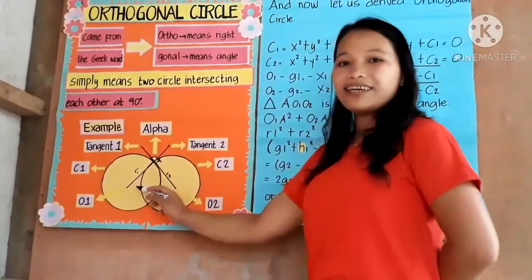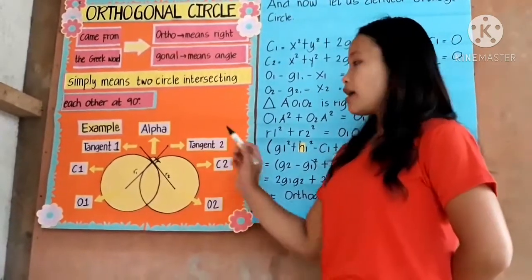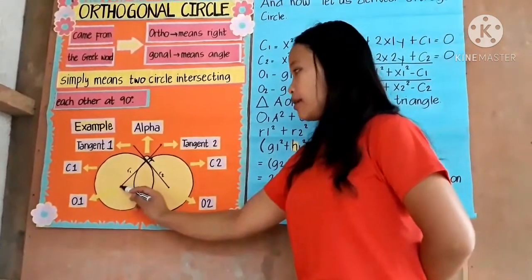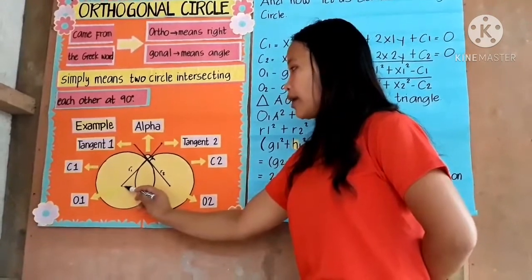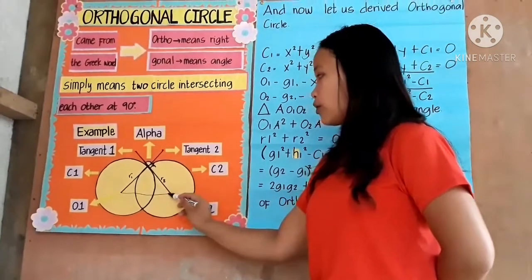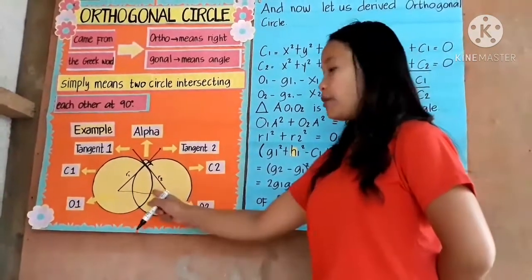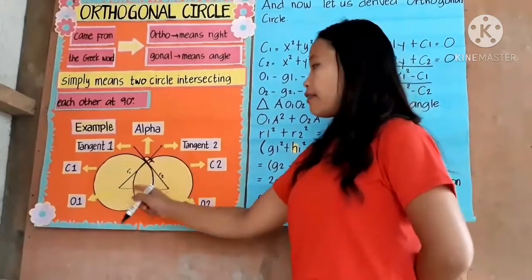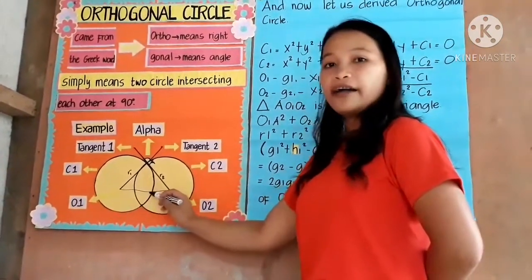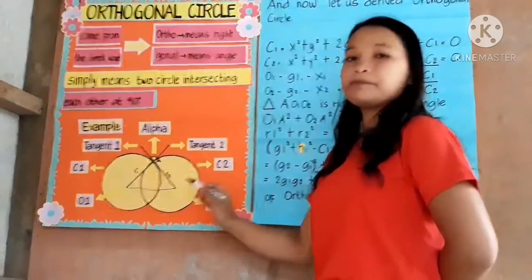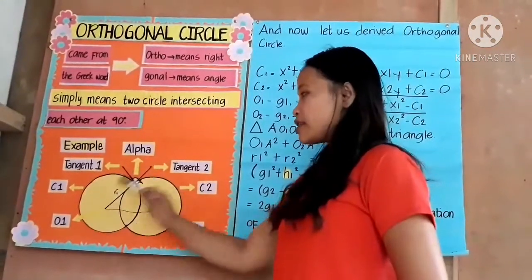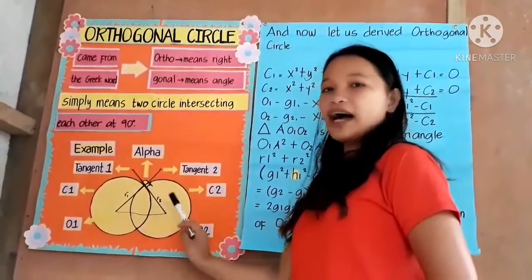Now, if I connect these two points O1 and O2, they form a triangle, and this triangle is a right triangle because the angle at A is a right angle.